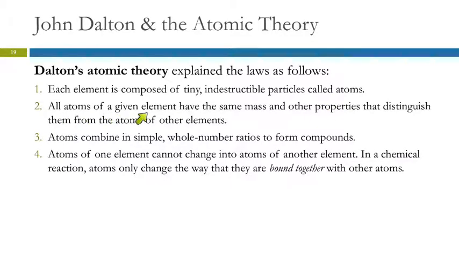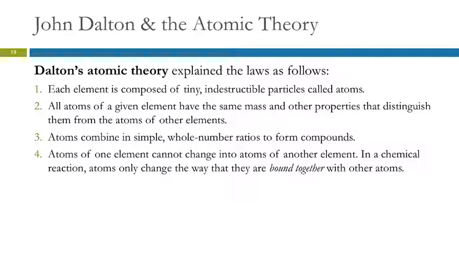All atoms of a given element have the same mass and other properties that make them different from atoms of other elements. Atoms combine in simple whole number ratios to make compounds. And atoms of one element cannot change into atoms of another element. In a chemical reaction, we just rearrange the atoms. We change how they're stuck together. We do not change the individual atoms themselves.